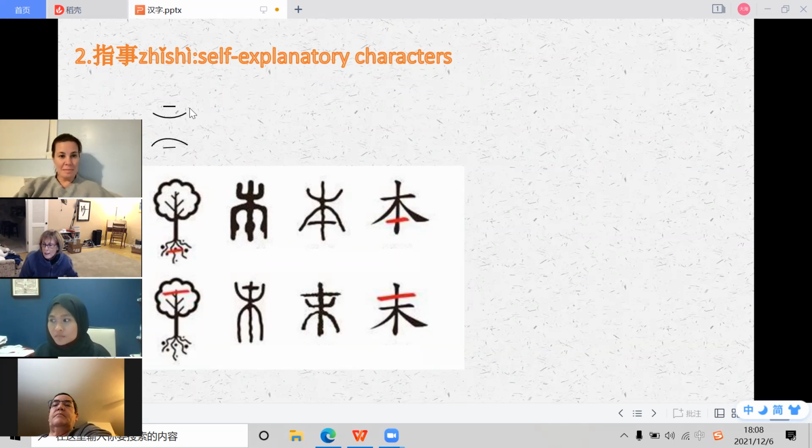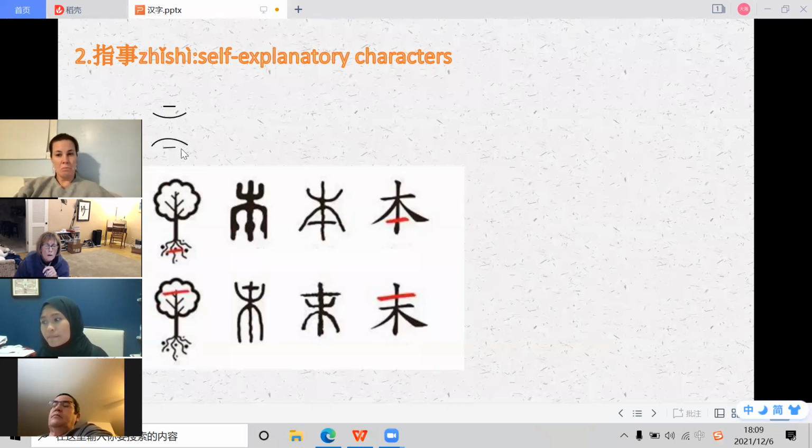Something up on the earth. Sky? This one is 上, it means something up on something.